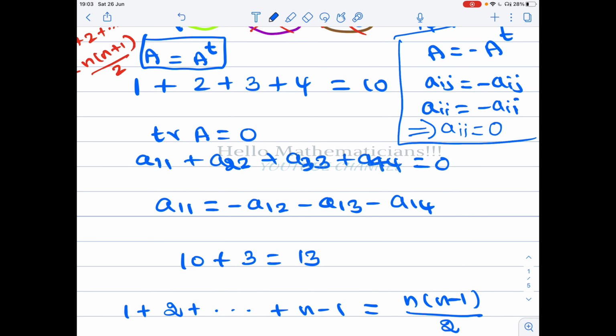So again you see, this is an equation in 4 variables, a11, a22, a33, a44. So you get a11 equal to minus a22 minus a33 minus a44. So you can take these 3 variables as free variables, and this will be a dependent variable.